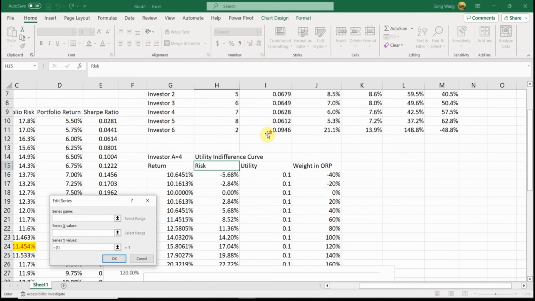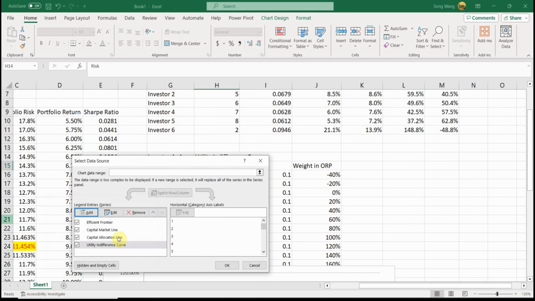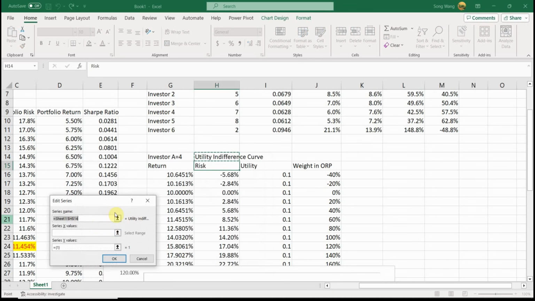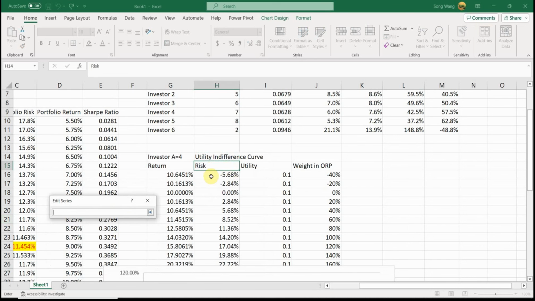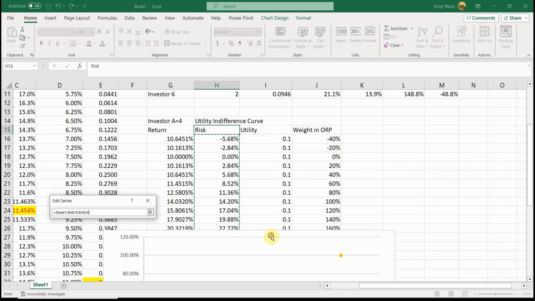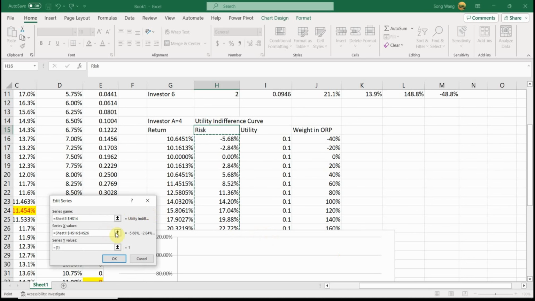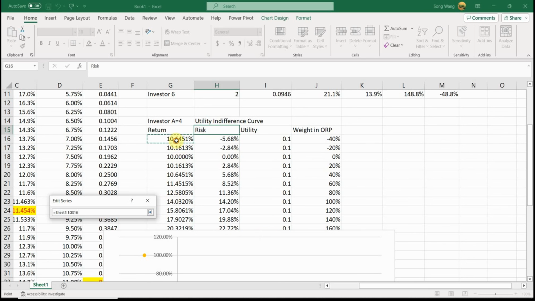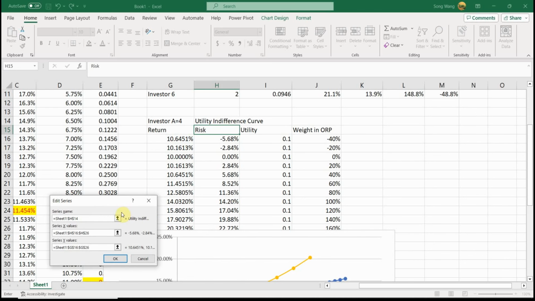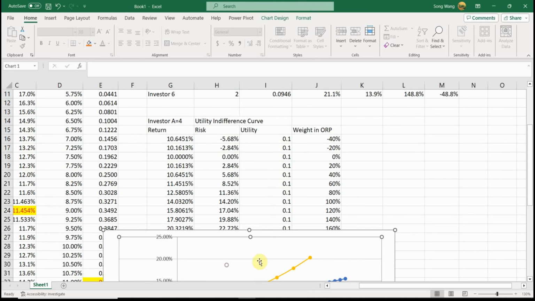The series name is utility indifference curve, and I want to mark A equals 4. I want to edit that. The X value would be the risk, the Y value would be the returns. Okay, and then hit OK.